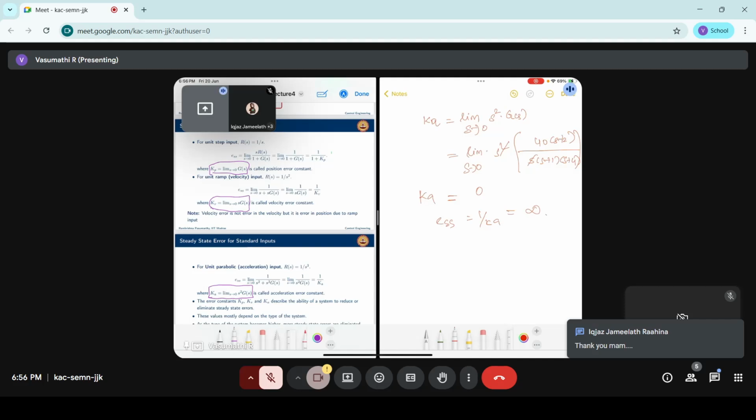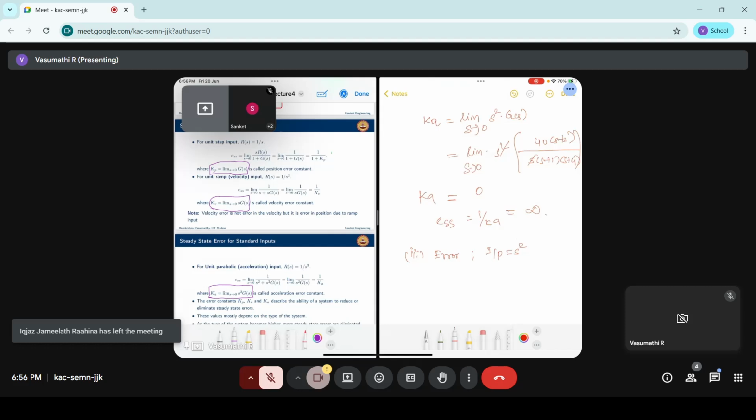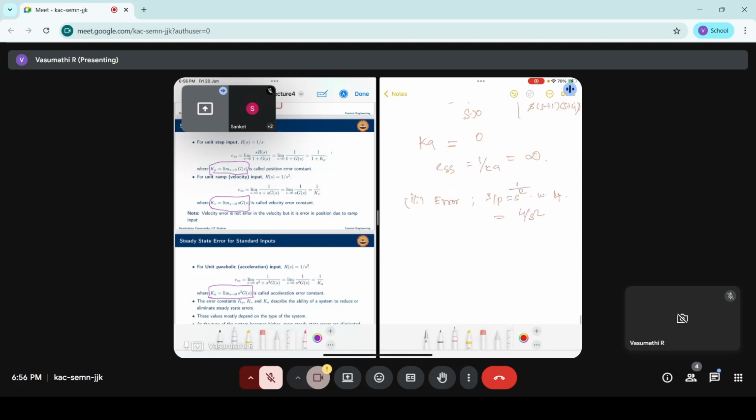The third question is, find the error when the input is ramp with the magnitude of 4, that is 4 by s square instead of 1 by s square. So if the input is ramp, R of s is equal to 4 by s square. For this, they have asked the error only, right? So we can straight away solve this.